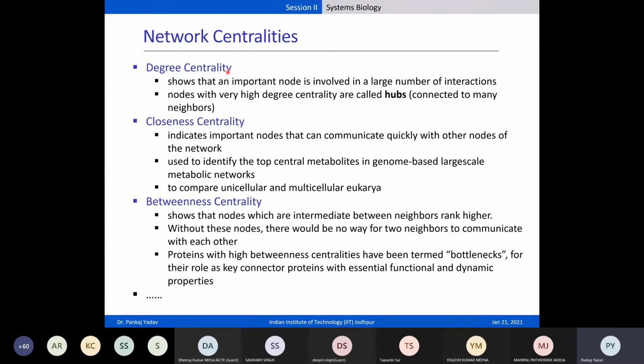It shows how important a node is: the higher the degree, the higher the centrality, or the importance of the node. If a node has very high degree centrality, it can be considered a hub, which means that it is connected to many neighbors. Degree is basically the number of immediate, or first degree, neighbors of a given node.